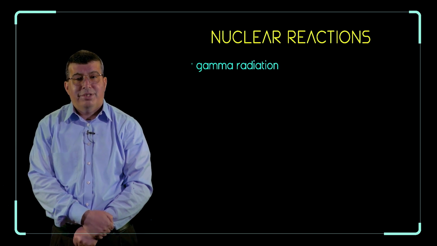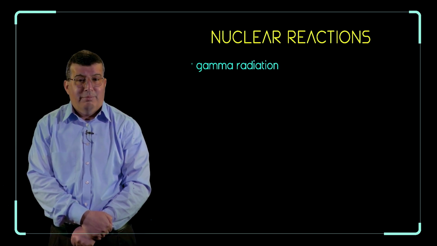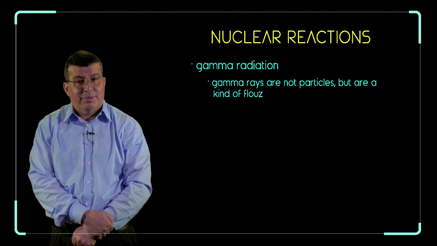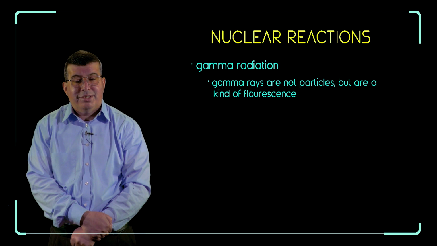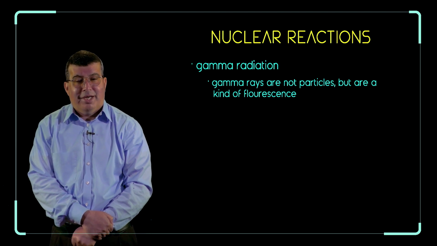Now, we talked about alpha radiation and beta radiation. There's actually also gamma radiation. But the important thing to realize here is that gamma radiation is not particles, but a kind of fluorescence. We already talked about gamma radiation when we talked about light. So gamma radiation is a kind of light and a kind of fluorescence.